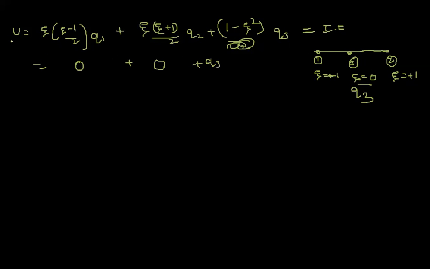So u must be equal to q3 at zeta equal to 0, which means the interpolation function will give the exact results. Like that you can cross-check at minus 1 as well as plus 1.